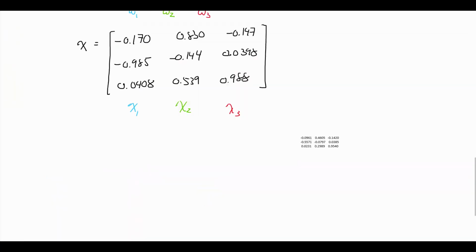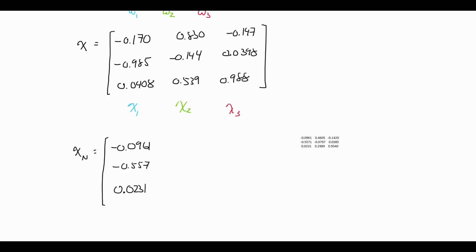So now I'll record the mass normalized modal matrix so that we have it by itself. So we're getting -0.0961, -0.557. I'll just keep 3 significant digits when I write it down, and 0.0231. So all I did was take this chi1 from above and divide it by that m1 that I got when I pre-multiplied by chi transpose times M and post-multiplied by chi.